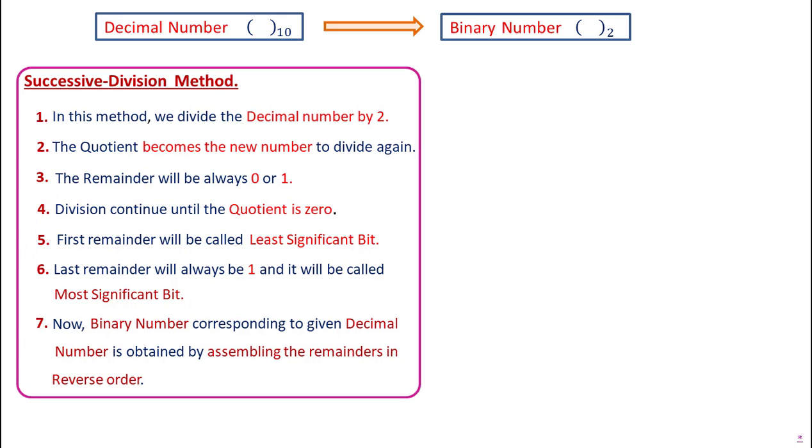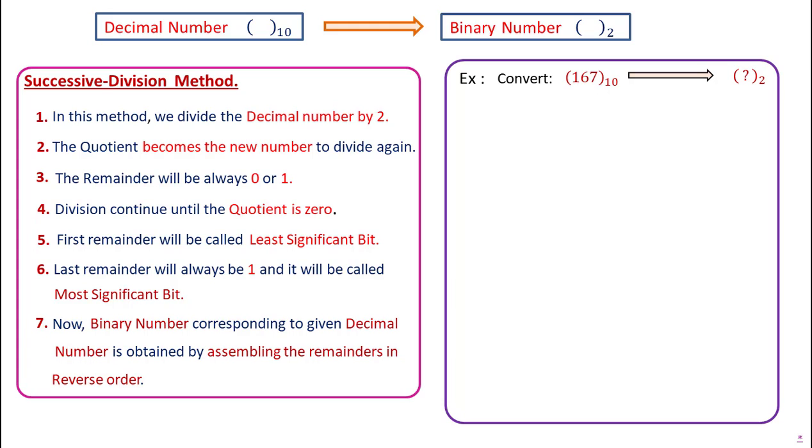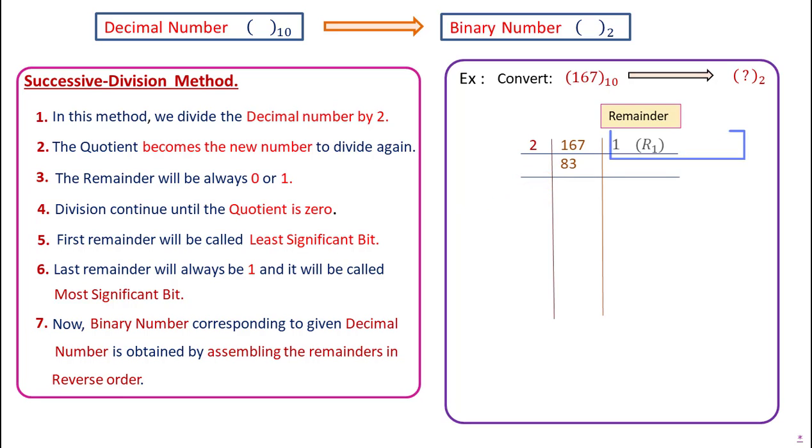Now we will clear this method with an example. Here we have to convert a given decimal number into an equivalent binary number. Now we divide the given decimal number by 2 and we write the quotient below the dividend, that is 167. On dividing, we get 83 as a quotient and remainder is 1, which becomes the least significant bit.